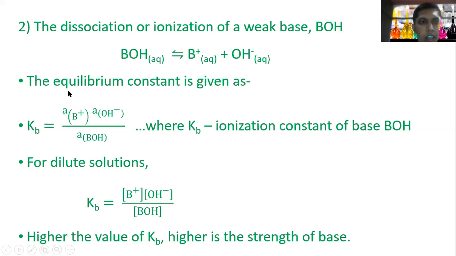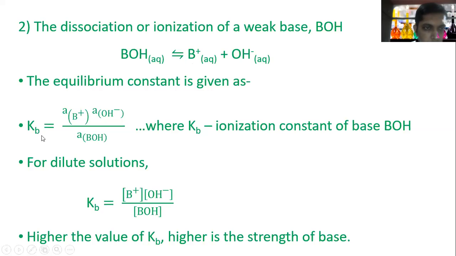Now, this dissociation equilibrium is characterized by the equilibrium constant, which can be given by this particular equation. Because it is the equilibrium constant for dissociation of a base, we are indicating it with a small b, Kb.